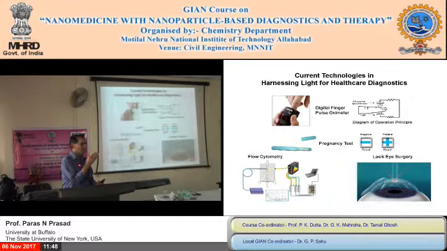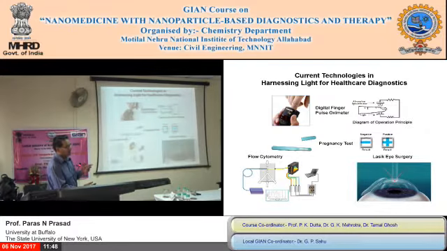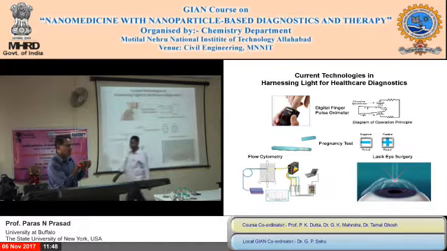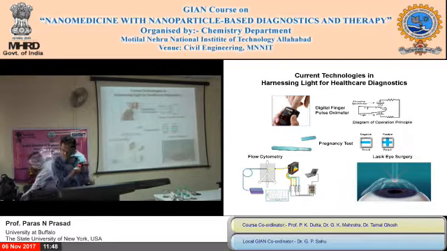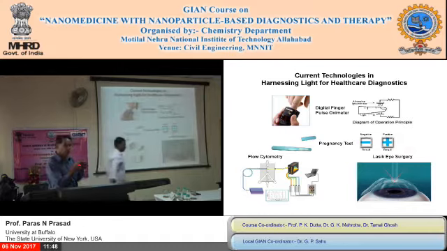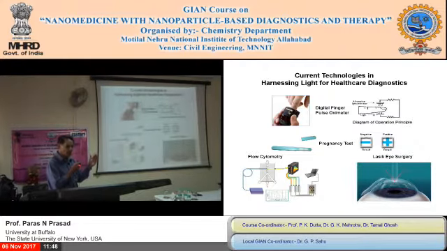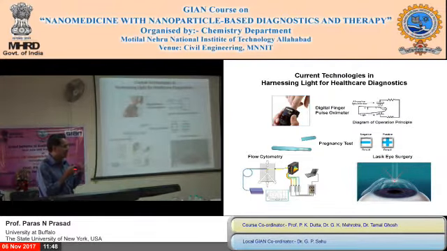So here is again an example of how we can utilize light and physics, a light-matter interaction, to develop a very powerful, very simple device that just takes laser light going through your finger and looks at the absorption of oxyhemoglobin, which is shifted, versus deoxyhemoglobin, and that ratio gives you oxygenation. Very simple.